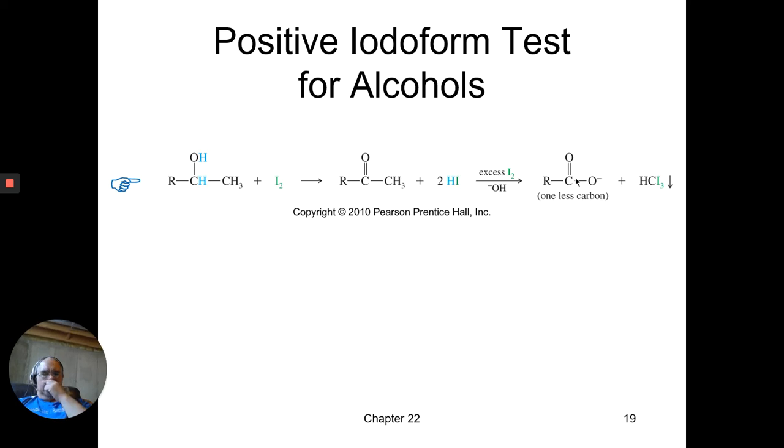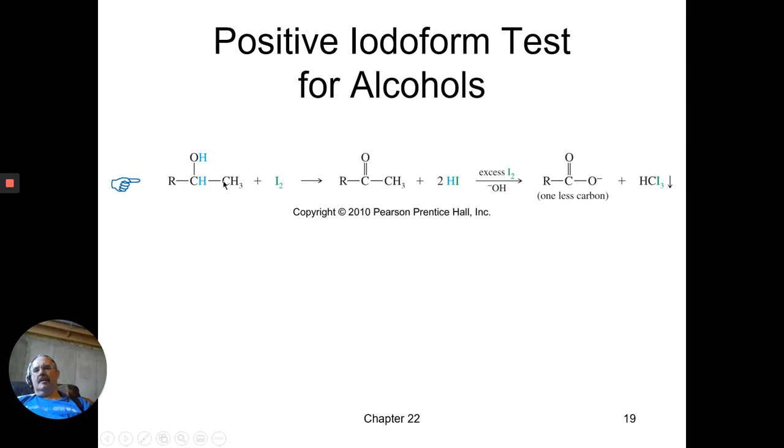Okay, this is actually a useful simple chemical test when we use iodine, and we've done this many times in the past in the laboratory. So with iodine and with hydroxide, we get substitutions of all three of the alpha hydrogens.